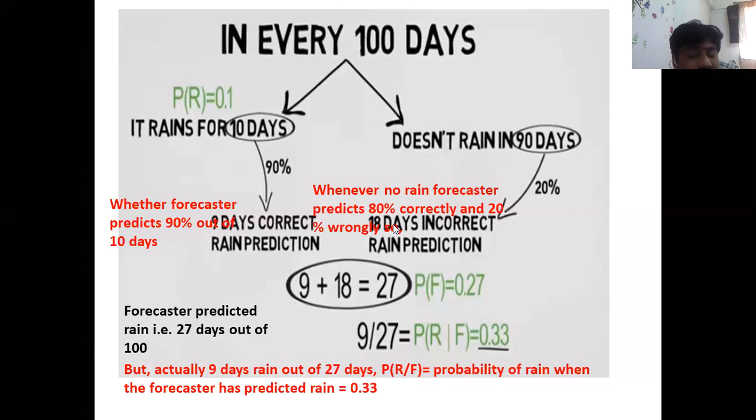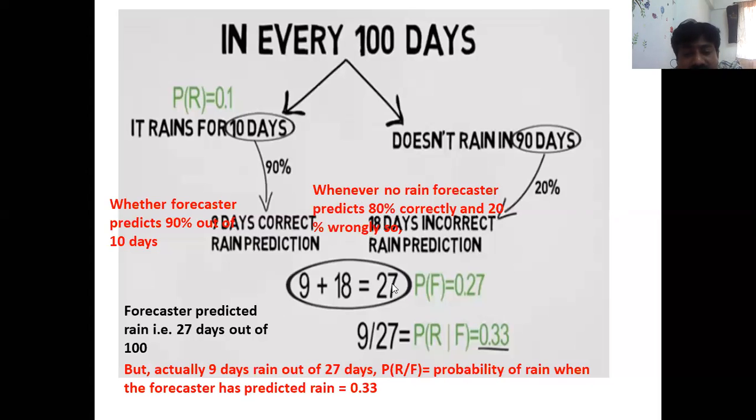So the weather forecaster in total predicts rainy days on 9 plus 18 days. Within that, 9 is the correct value and 18 is the 20% wrongly predicted by the weather forecaster. So the total will be 27 days.